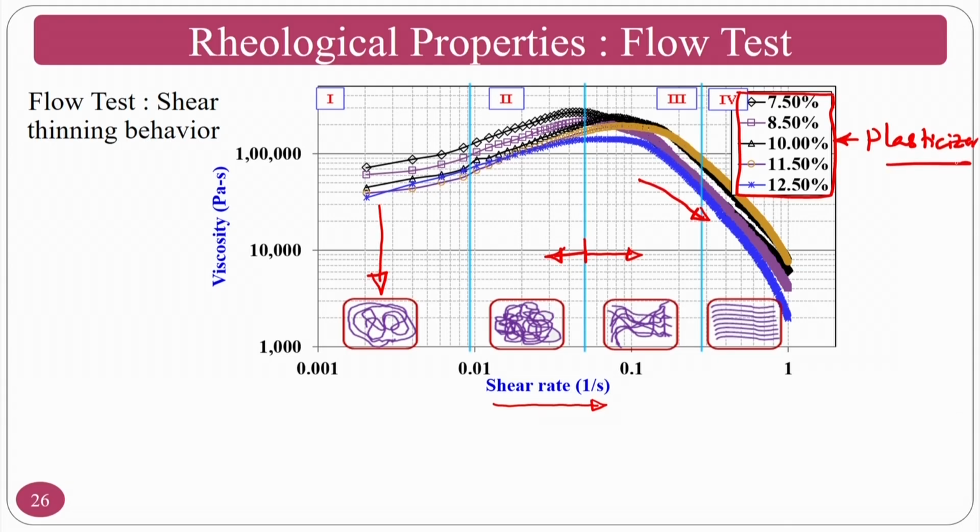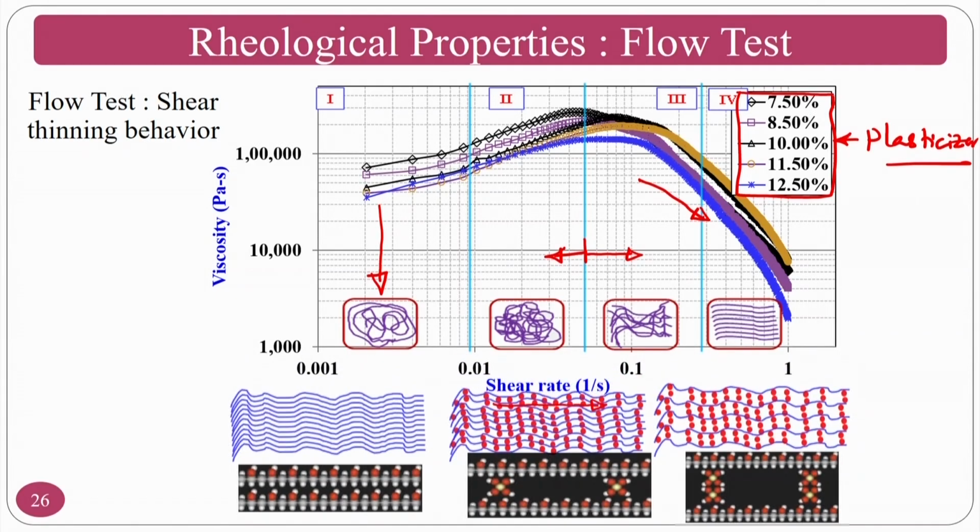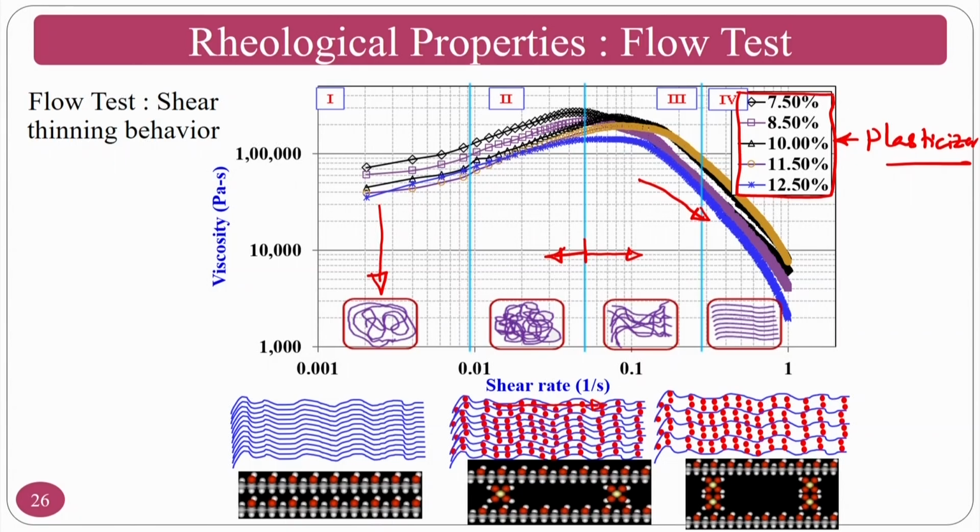Okay. So, if you look at the plasticizer, as you increase the plasticizer content, the viscosity will reduce. That is what you can clearly see. How will it reduce? If you do not have any plasticizer, then the viscosity of the fluid is very high.